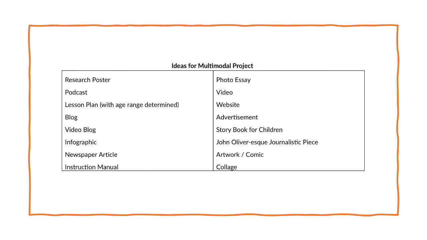Oh, last semester I got the best multimodal project, and it was a digital children's book, and it was genius. It was so good. I loved it. Journalism, a comic, an animated short, a collage. All right, all kinds of different things that you can do.